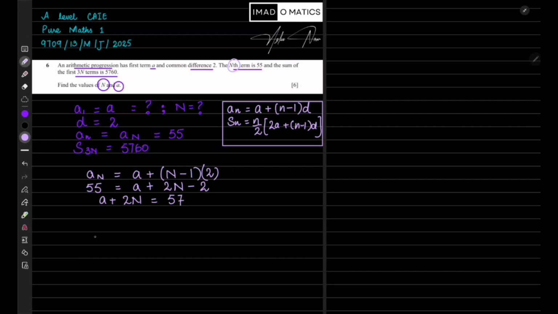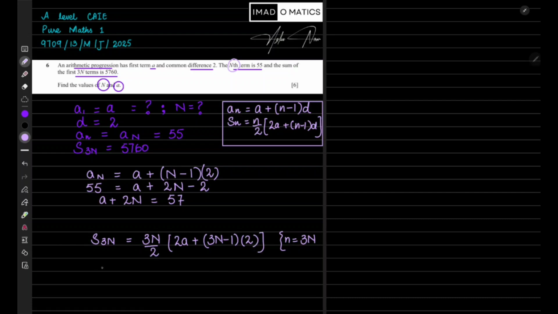Now taking the second one, and we have sum of 3n terms. So we will be using 3n in place of n. So n over 2 means 3n over 2, 2a plus 3n minus 1 times d, and d is 2.